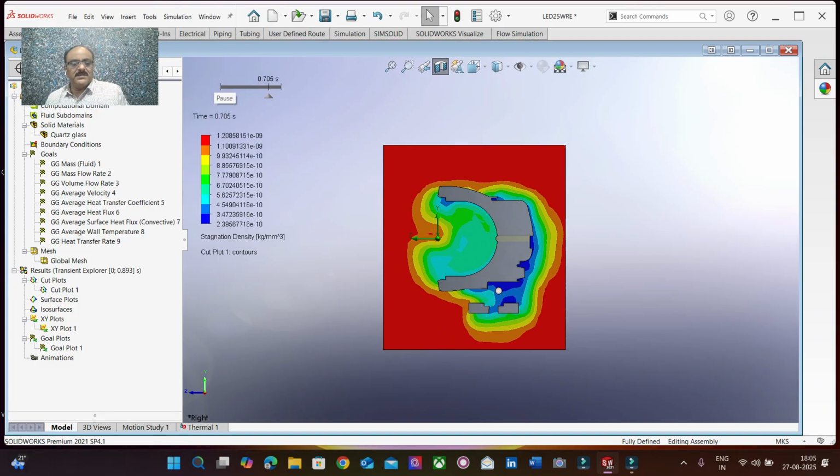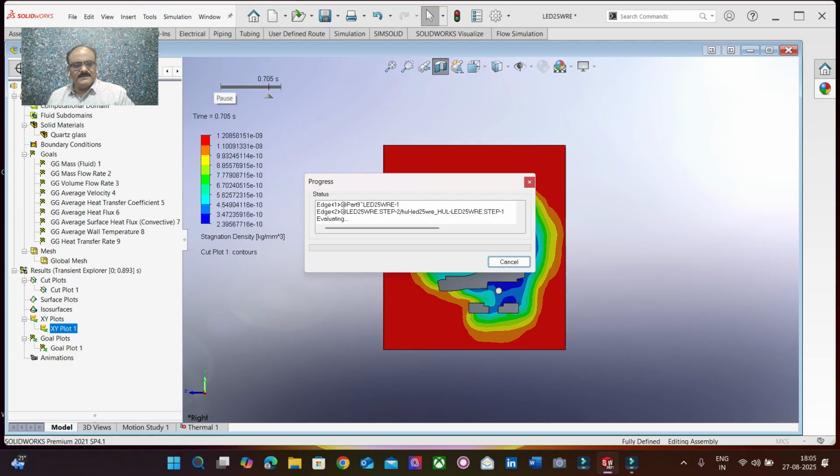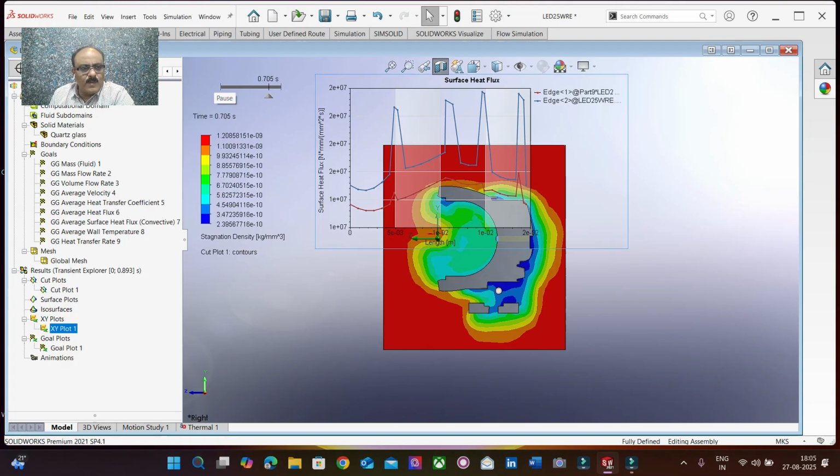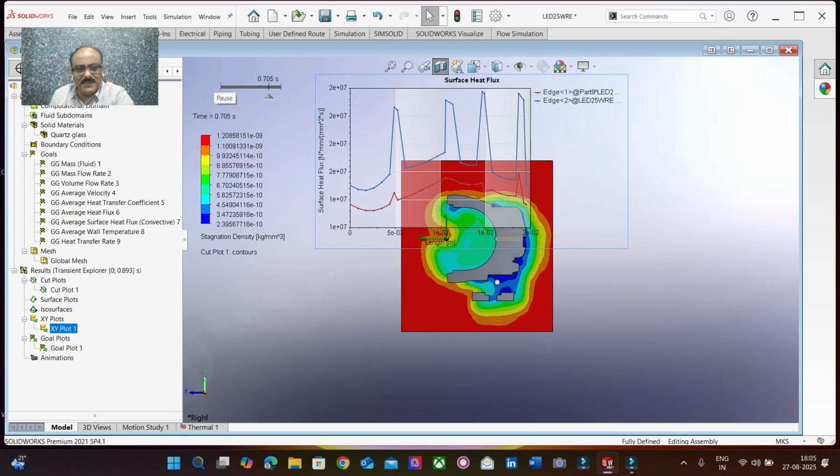Okay, so now let's quickly find out the other parameters. There are two ways of looking at the system.